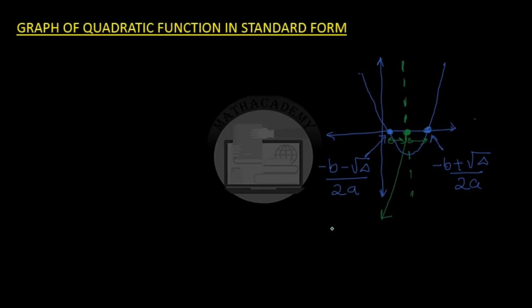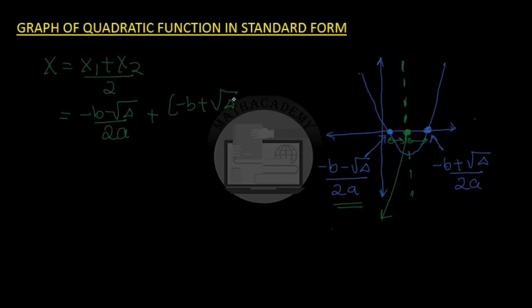We know that the x coordinate of the midpoint is given by x1 plus x2 over 2. In our case, x1 is this point here, so minus b minus root of delta over 2a, plus x2, which is minus b plus root of delta over 2a, and the average of this.